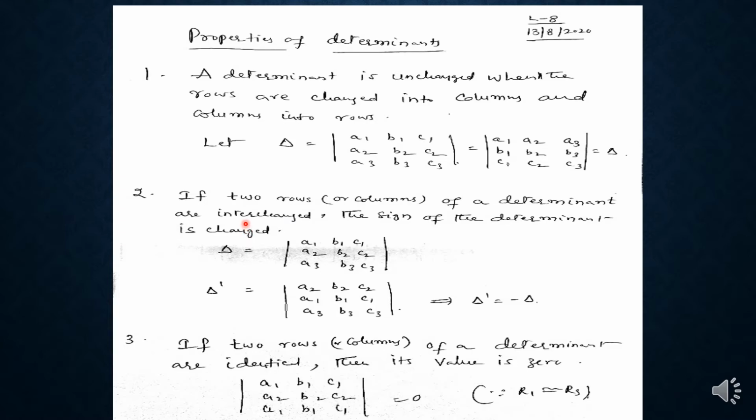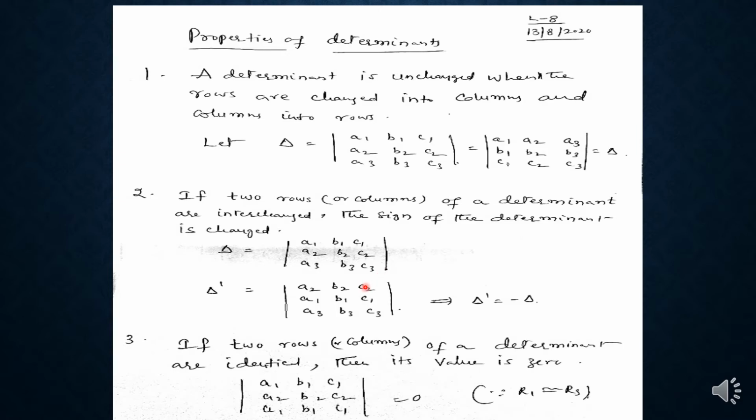Second property: if any two rows or any two columns of a determinant are interchanged, the sign of the determinant is changed. If we interchange any two rows or any two columns in a determinant, then the sign of the determinant value is changed. For example, delta is equal to a1, b1, c1, a2, b2, c2, a3, b3, c3.